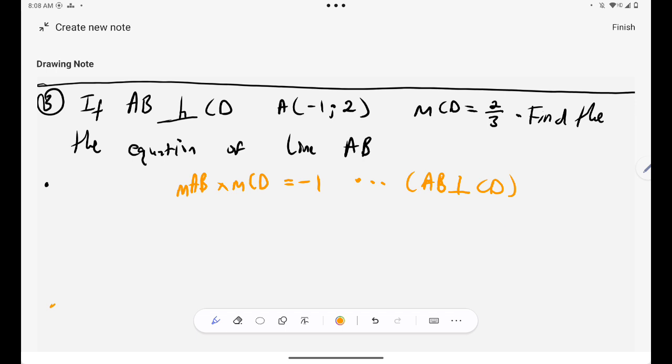I know that since MCD is equal to 2 over 3, therefore MAB, excuse me, will be negative 3 over 2. Just flip it around and then change the sign. CD was positive, now AB is negative. Are you together? And I just flipped it around.